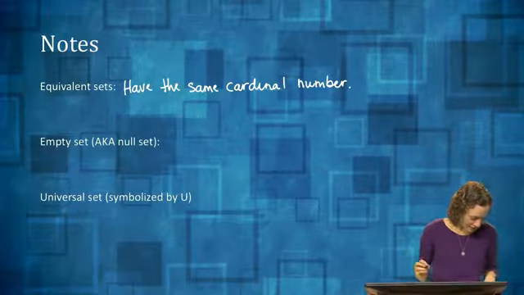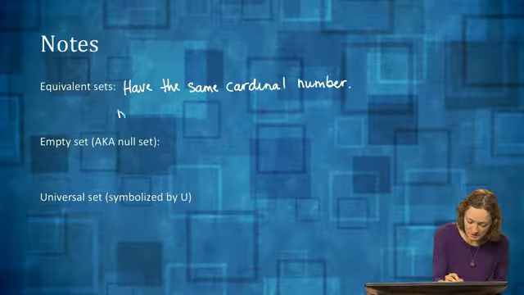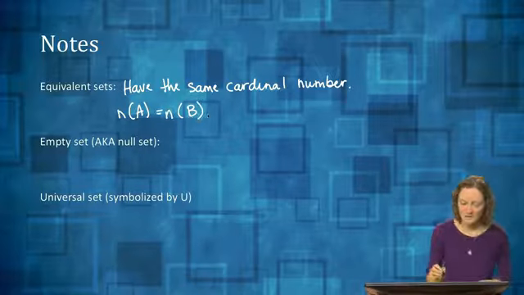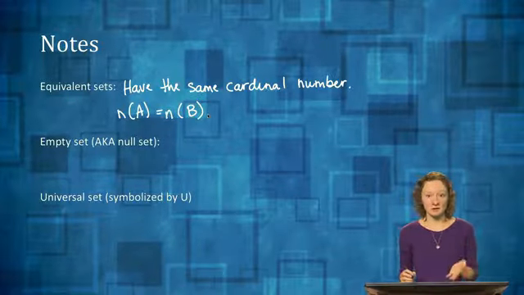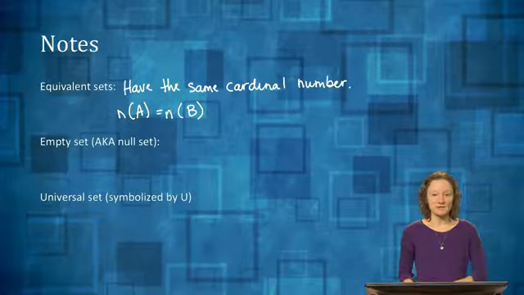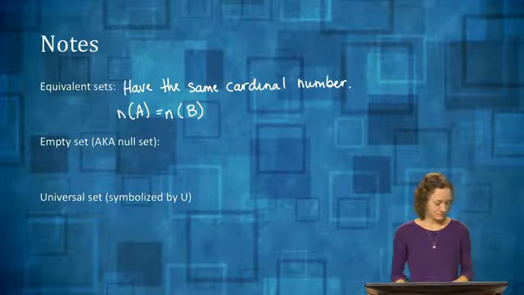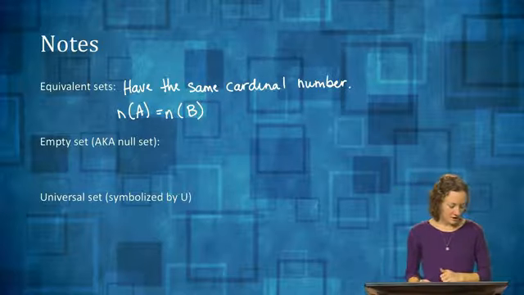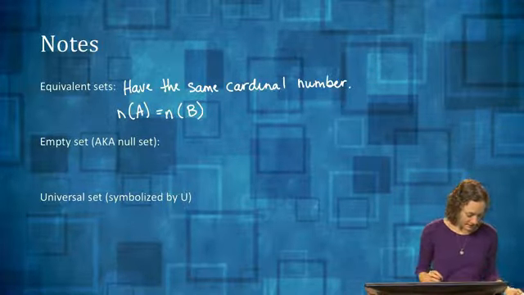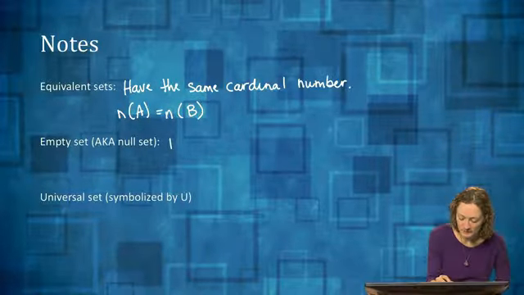And notation-wise, this is what you would see if these two sets had the same cardinal number. The n on the outside of the parentheses just means the number of elements in set A, number of elements in set B. If you've got the equal sign in the middle, then they're equivalent sets. All right, two more definitions here. We have the empty set, which is also known as the null set. This is the set that contains no elements.